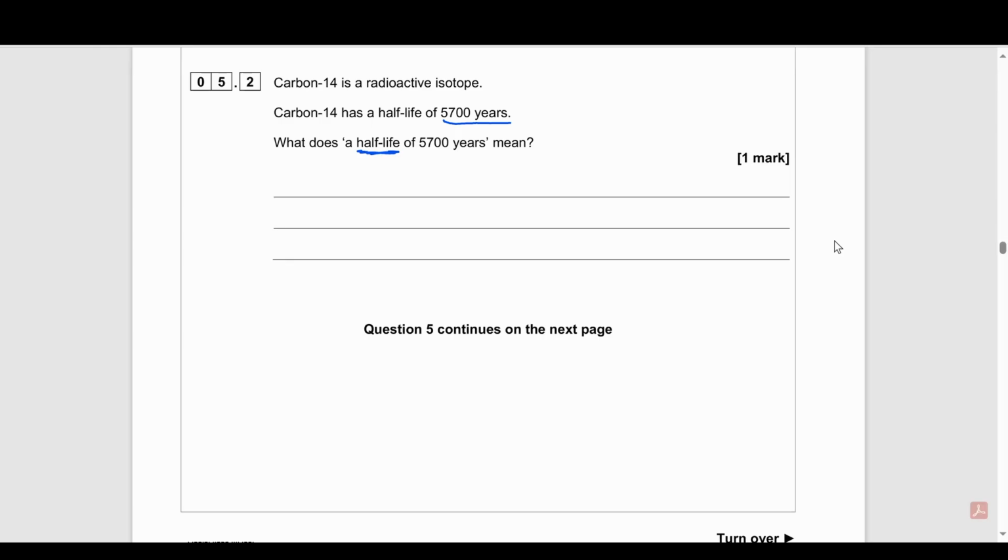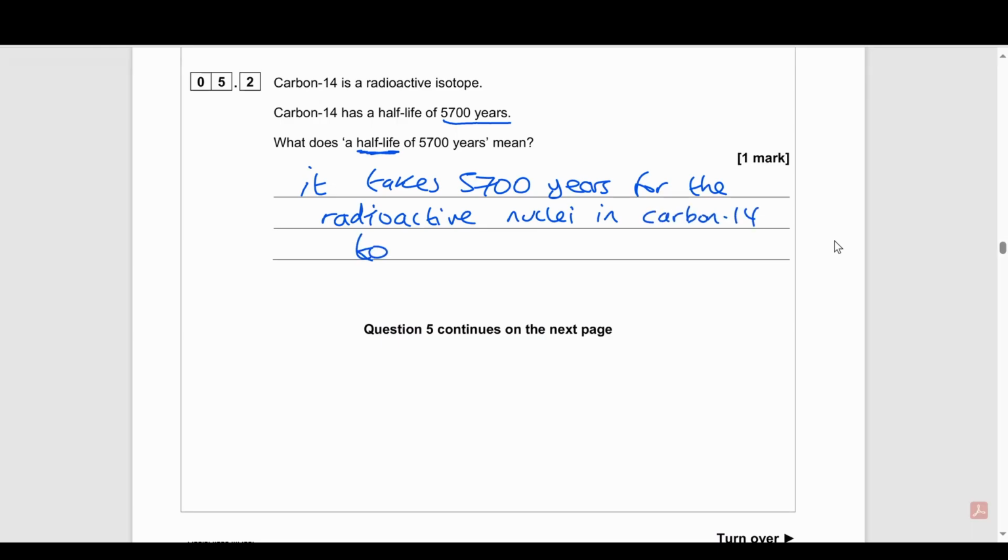So let's write that. Now remember, it doesn't matter what nuclei it is, it's not just going to be carbon-14, but that definition would always apply.